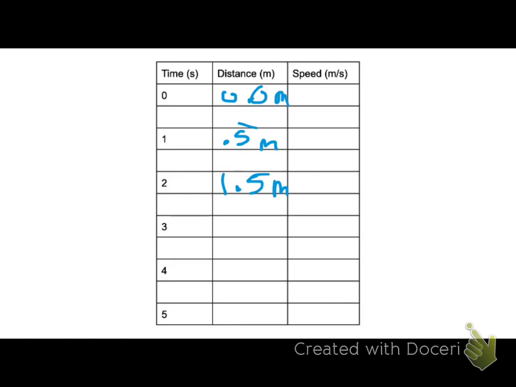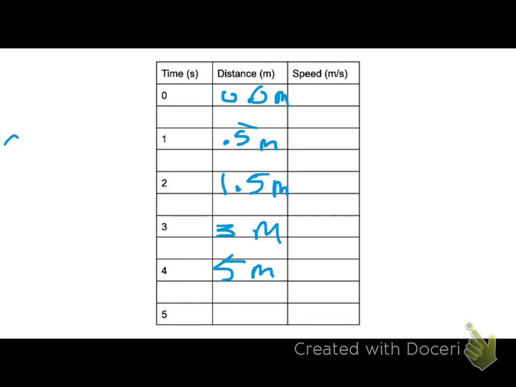Okay, so you went half a meter, then you were at 1.5, then you were at 3 meters, and then you were at 5 meters, and there wasn't a fifth distance for this one. Okay.